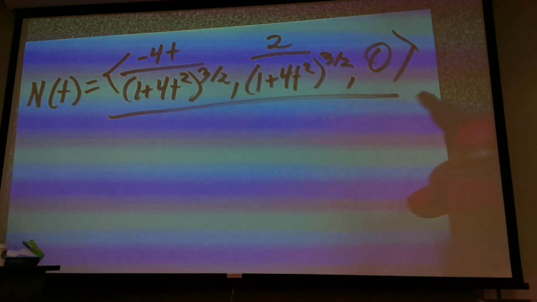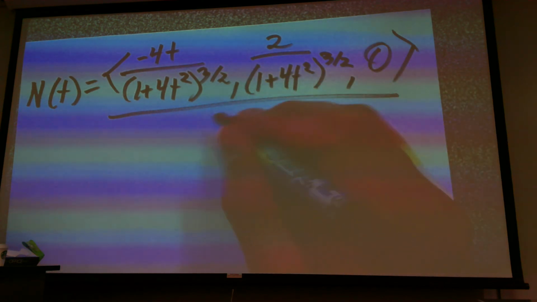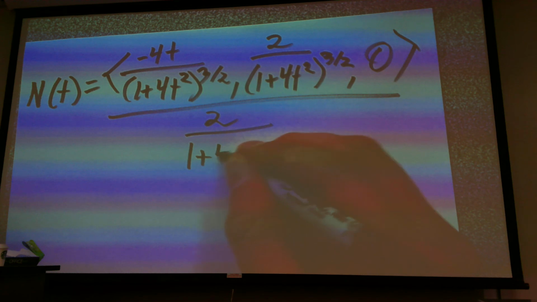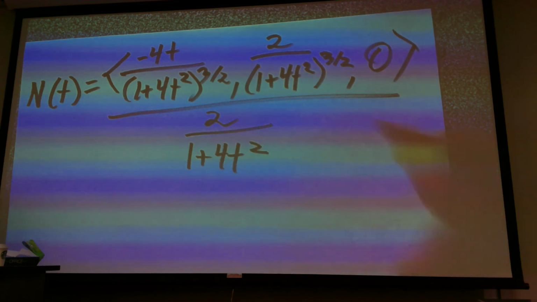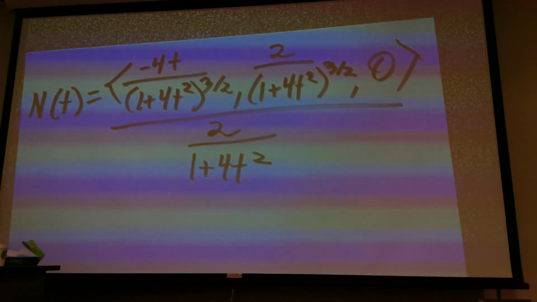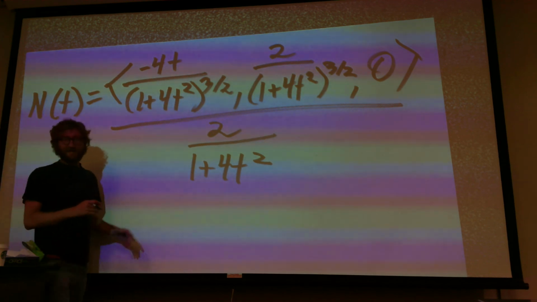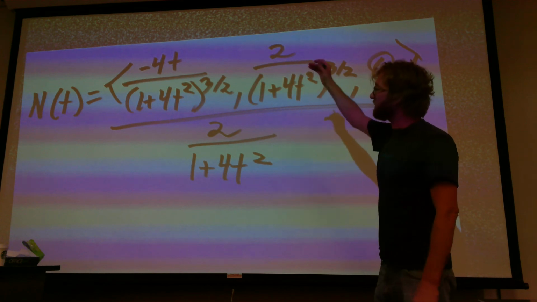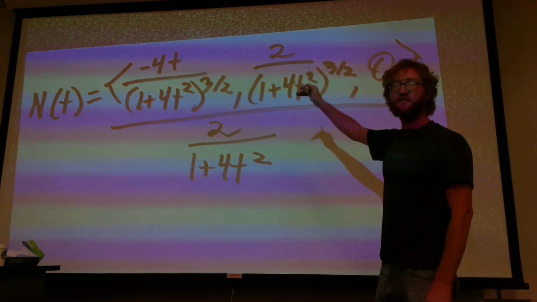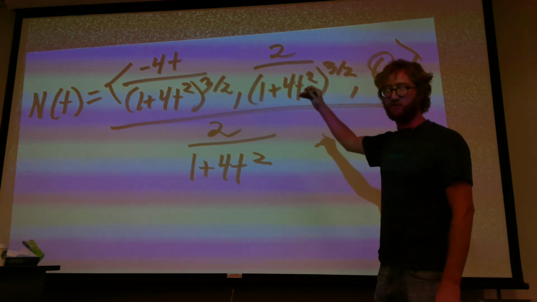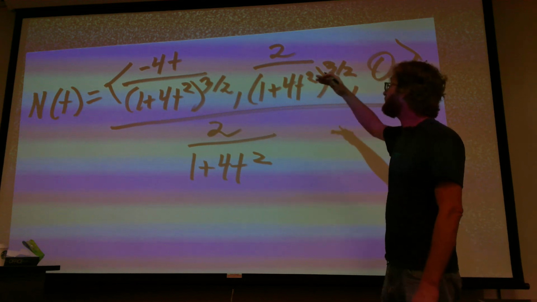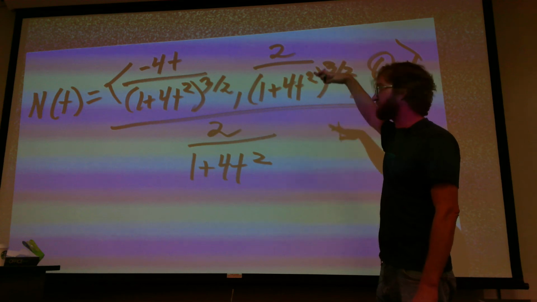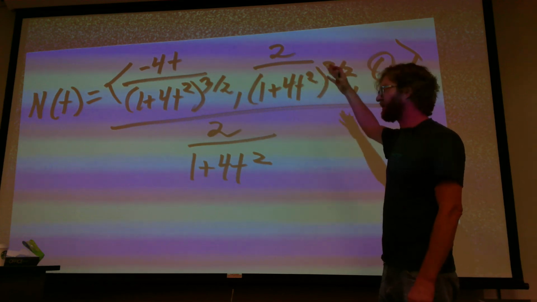And then this is going to be divided by 2 divided by 1 plus 4t squared. Okay. Now, if I flip this fraction upside down and I put the 1 plus 4t squared onto the top of this, what I'm going to be left with on the bottom is going to be just a square root of 1 plus 4t squared. Okay. And if I divide negative 4t by 2, I'm going to get negative 2t. If I divide 2 by 2, I'm going to get a 1.